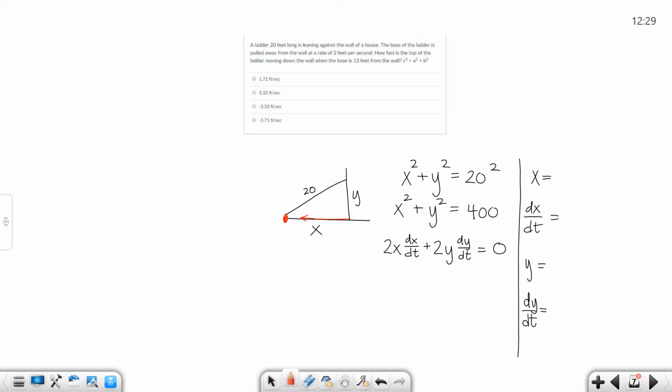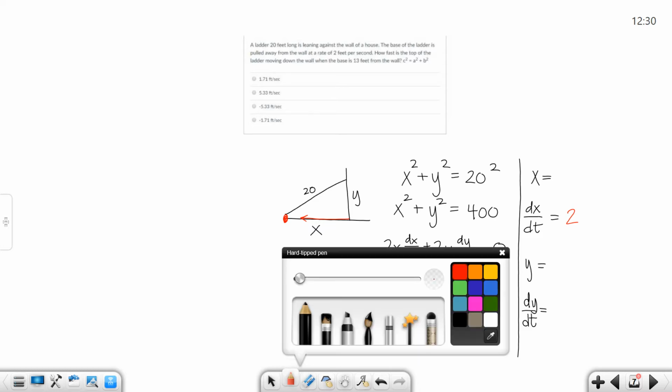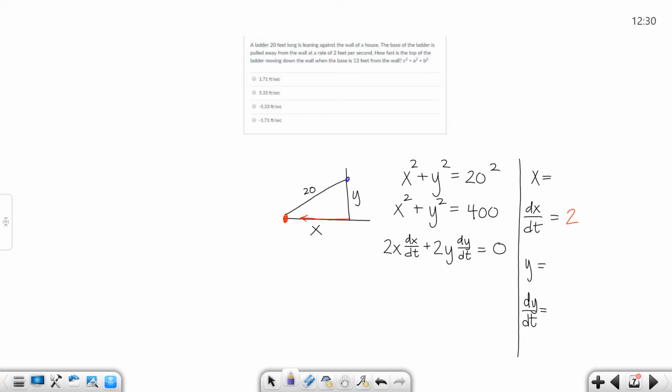Okay, so I know a rate is a d/dt variable, and since the base is being pulled out, that's going to be the x variable, so dx/dt is 2. The question says, how fast is the top of the ladder moving down the wall? Okay, here's the top of the ladder. It's moving down the wall, and it says how fast. That's a rate. So the dy/dt is what I do not know.